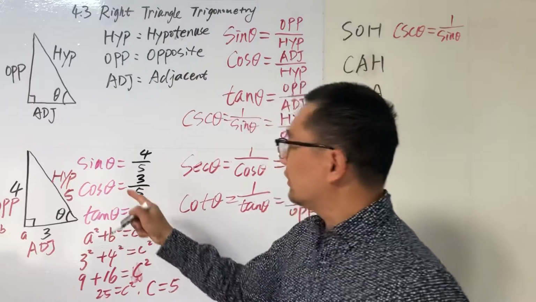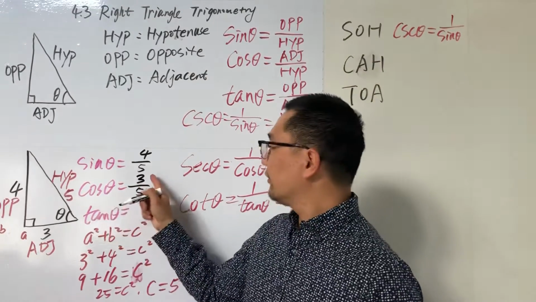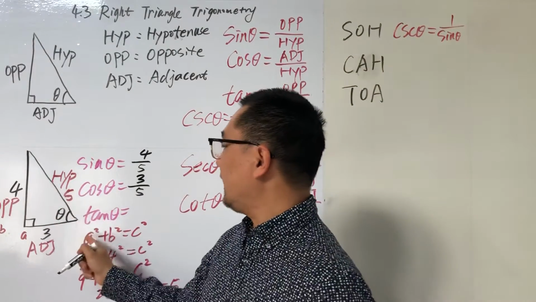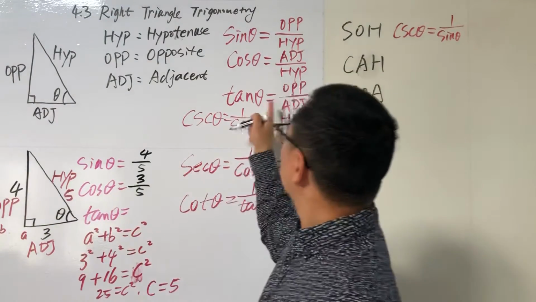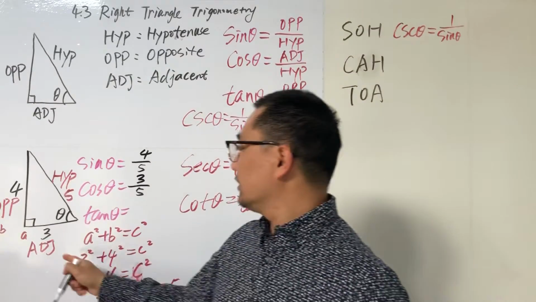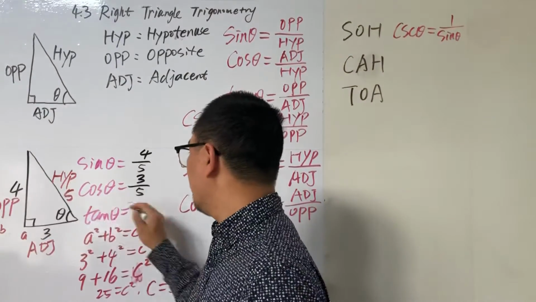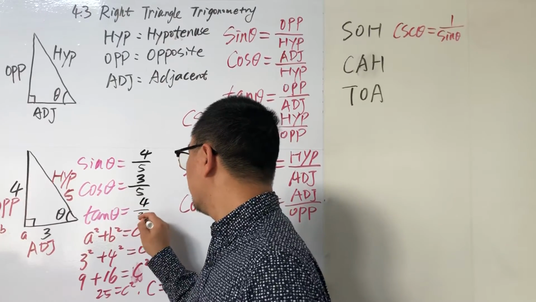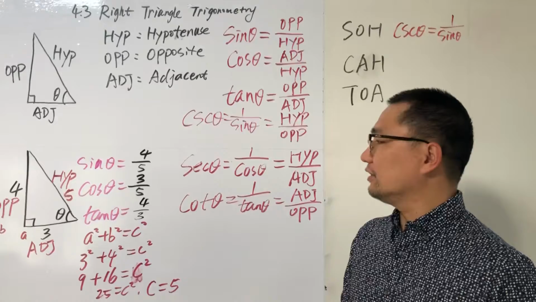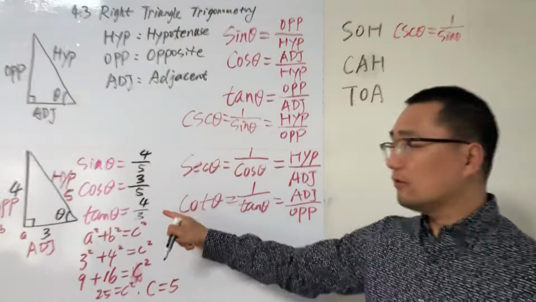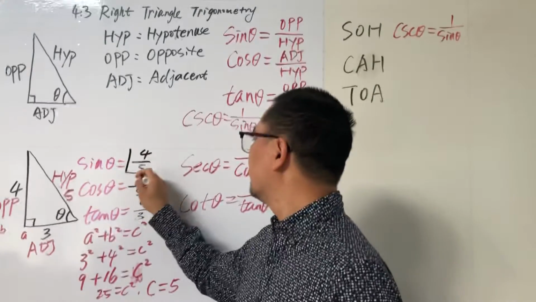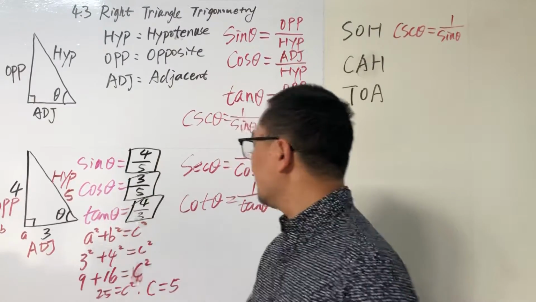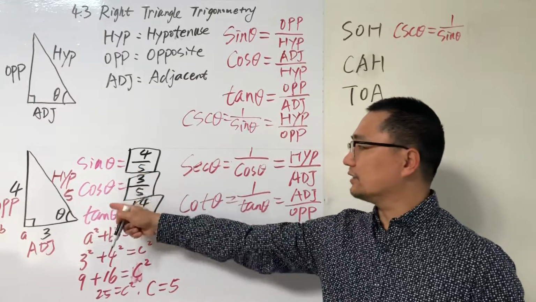So the value of cosine is 3 over 5. Okay? So now, what is tangent? Tangent is opposite over adjacent. The opposite is 4, and adjacent is 3. So tangent is 4 over 3. So we have 3 answers for sine, cosine, tangent.